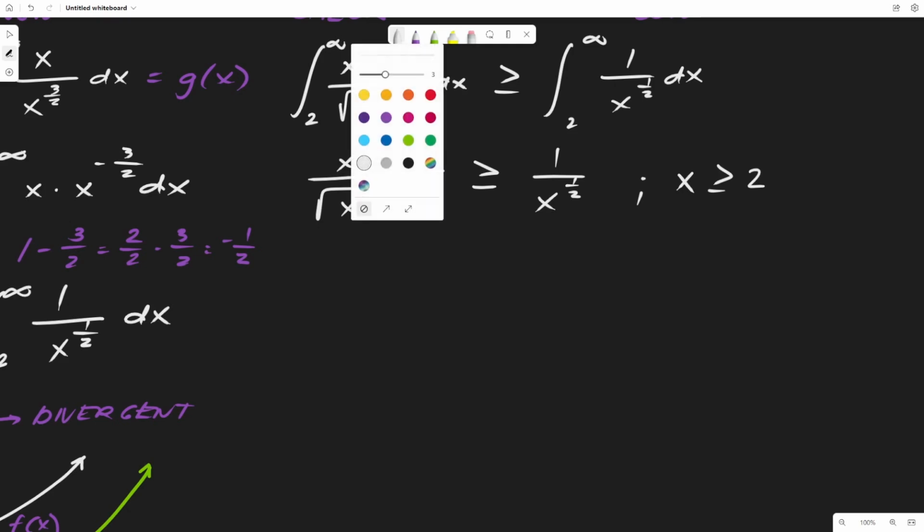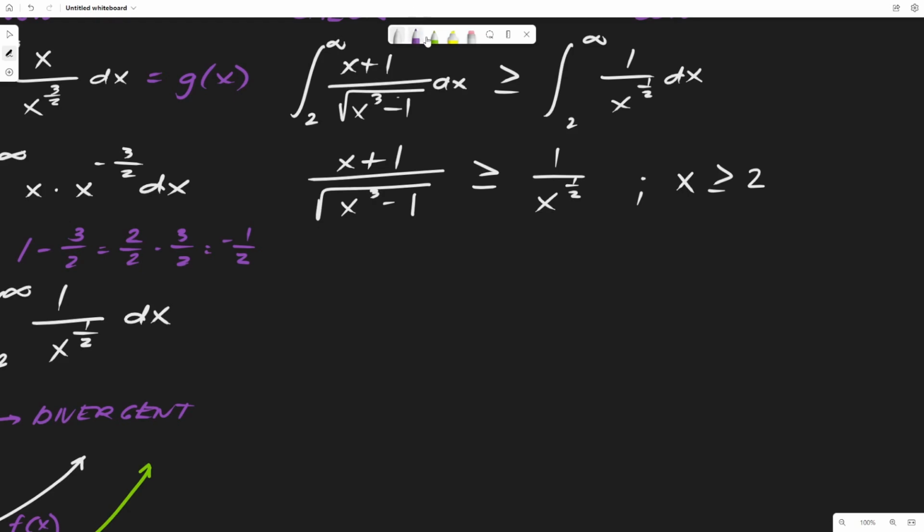Okay, so I will just operate on this with cross multiplication, which is just algebraic manipulation. So, we have x raised to 1 half times (x + 1) is greater than or equal to the square root of x cubed minus 1. To eliminate the square root of x cubed minus 1, I will just square both sides.